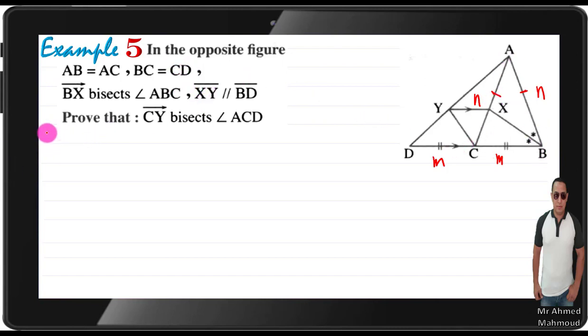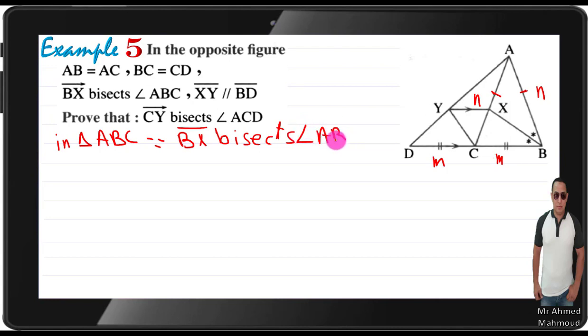Now in triangle ABC, since BX bisects angle ABC, therefore AX over XC equals AB over BC.